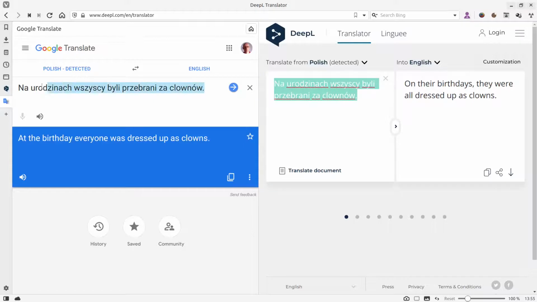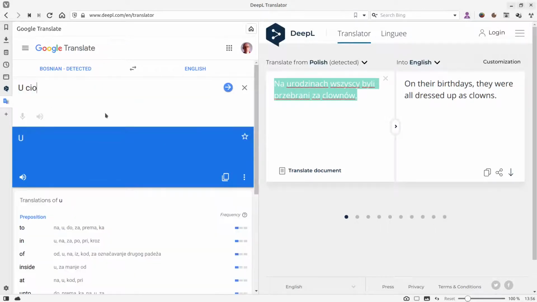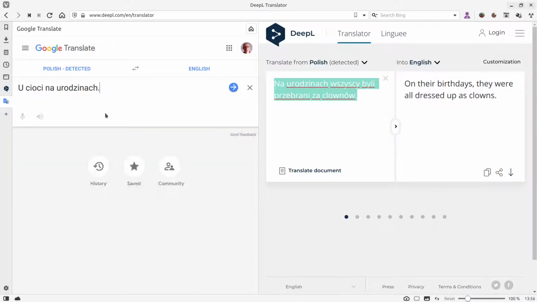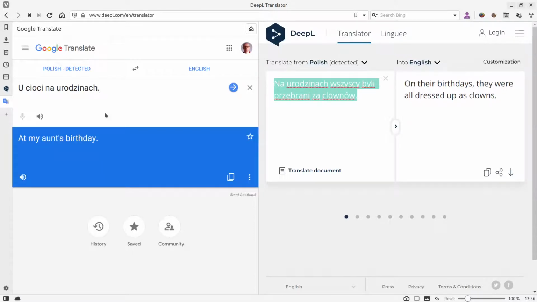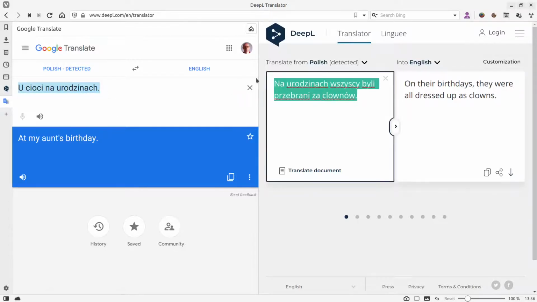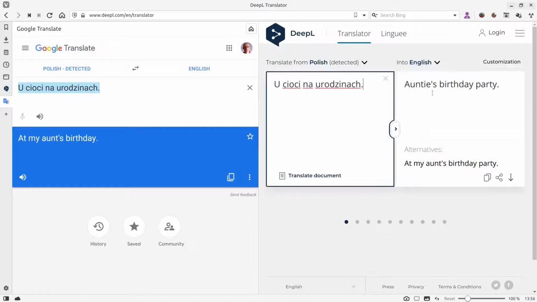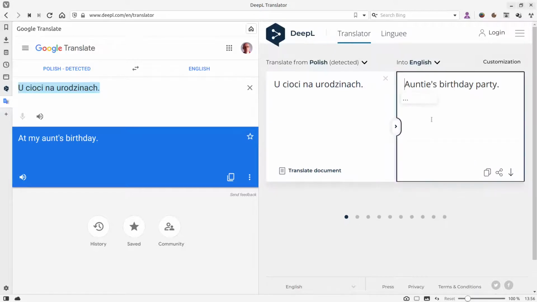Let's try to modify this sentence. So again, not ideal. Auntie's birthday party. Okay, but this alternative is probably better, because this sentence is missing the preposition.